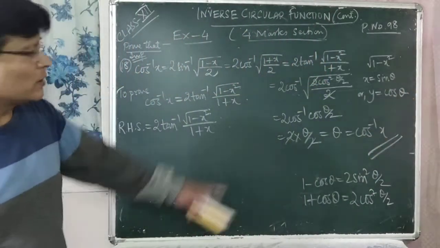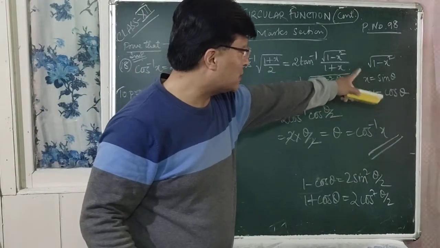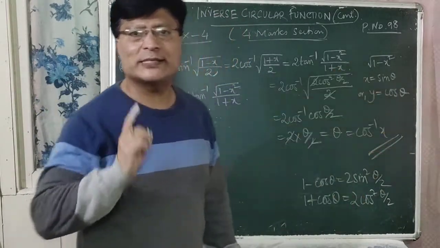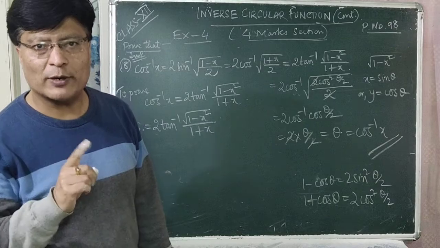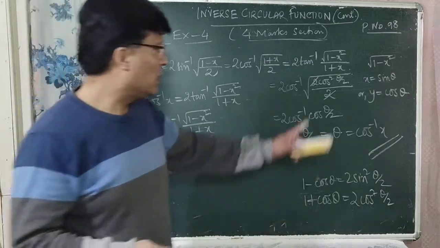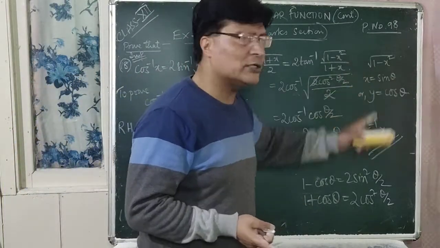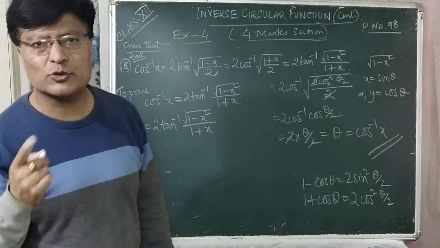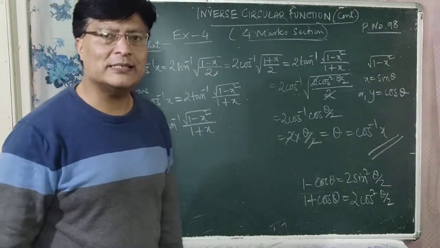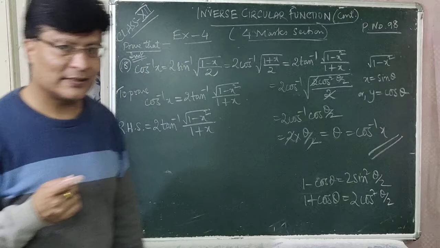Is that clear? If you put x is equal to sine theta, root over 1 minus sine square theta will be there, whose formula is cos theta. If you put x is equal to cos theta, within square root there will be 1 minus cos square theta, and its formula is sine theta. You know that, isn't it?